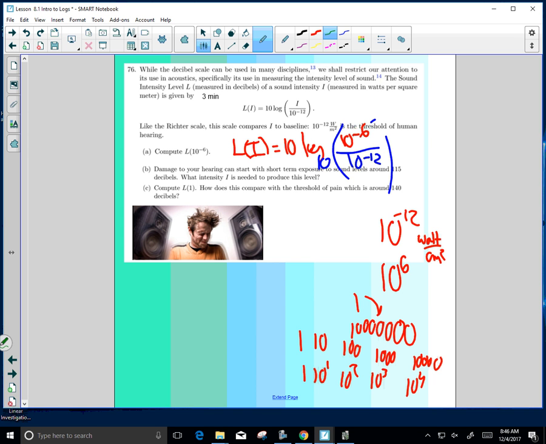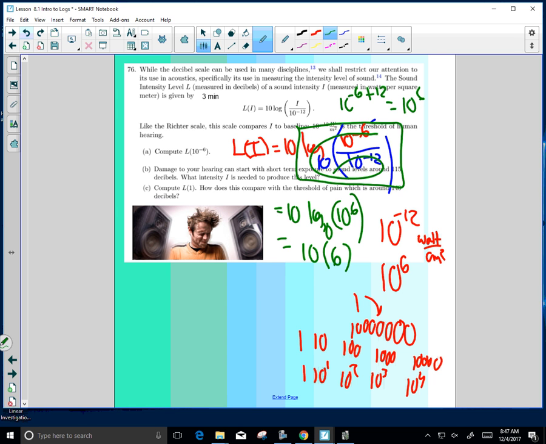6, right? So the whole point is to say that this difference is log base 10 of 10 to the 6th. 10 to the negative 6 minus the negative 12 is 10 to the 6th. Is that part okay? So what is log base 10 of 10 to the 6th? Well, it's going to be 6.